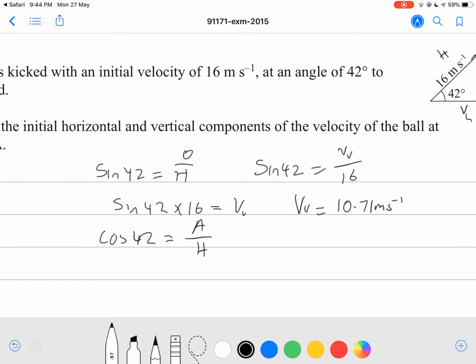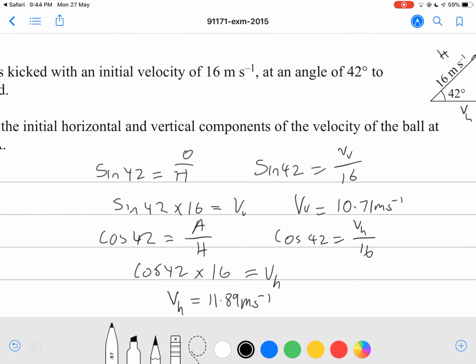We know h is 16, so cos 42 = horizontal velocity divided by 16. Therefore cos 42 times 16 equals horizontal velocity. If you plug that into a calculator, you should get horizontal velocity equals 11.89 meters per second.